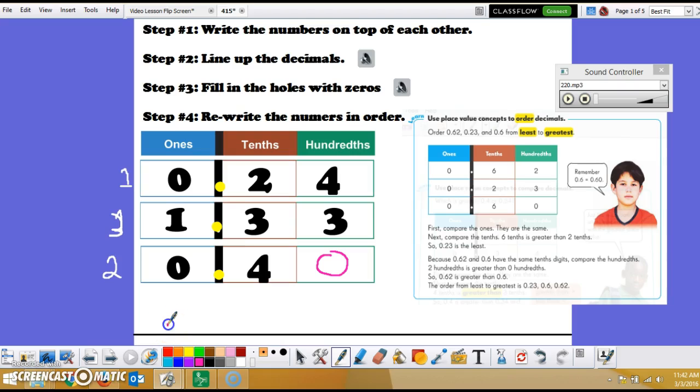And I would just write them back here on this line. 24 hundredths. Next is 4 tenths, or 40 hundredths. And finally, my largest number is the whole number 1 and 33 hundredths. Follow these steps, and you'll be good to go.